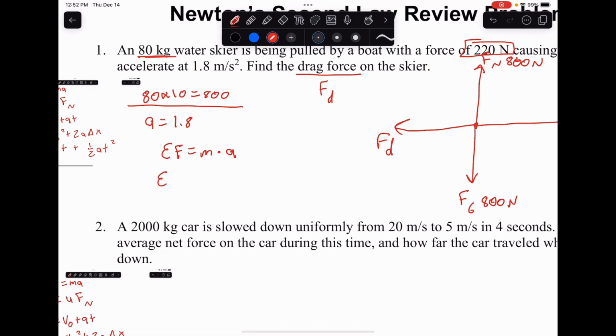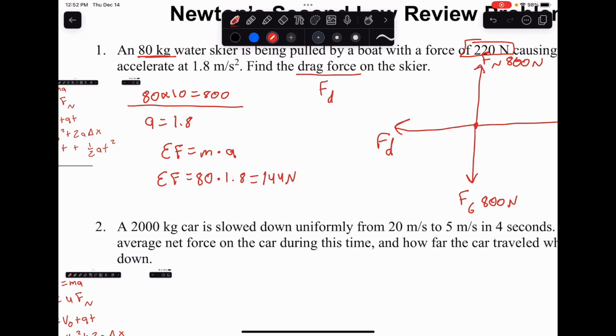And we have both, so let's do total force equals 80 times 1.8 equals, and I gotta look this up. So that's going to be 144 newtons.